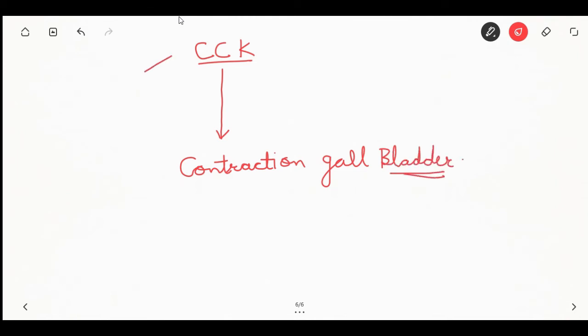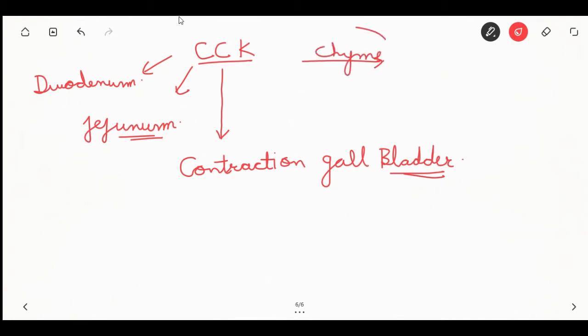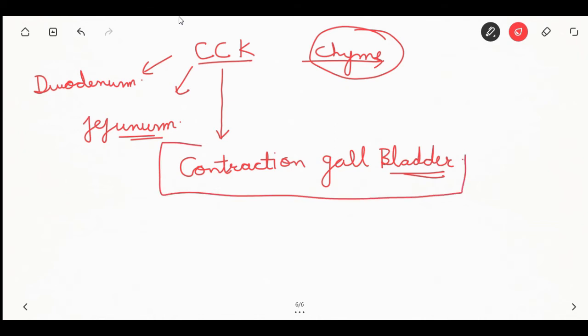It is secreted by I cells in the mucosa of the duodenum and jejunum. The stimulus for the release of this hormone is the presence of chyme containing digestive products of fats and proteins. The main function you have to remember for your exam is that it causes contraction of the gallbladder.